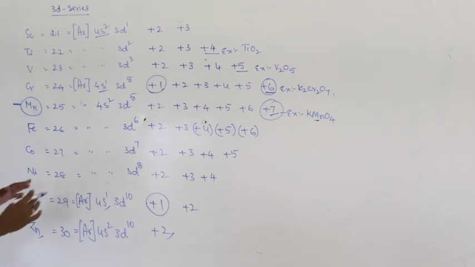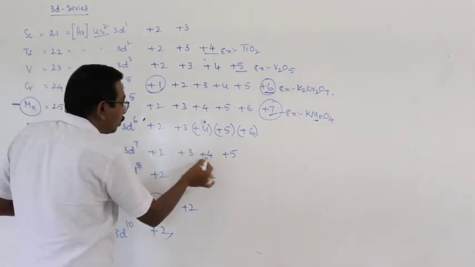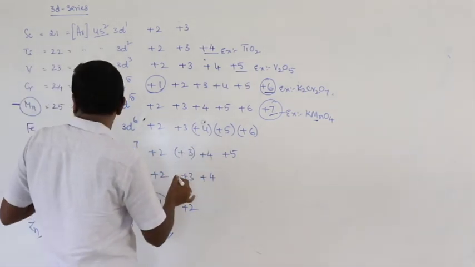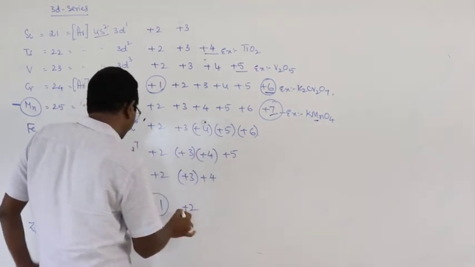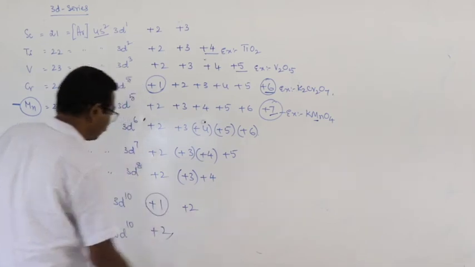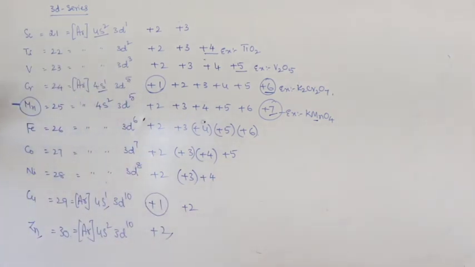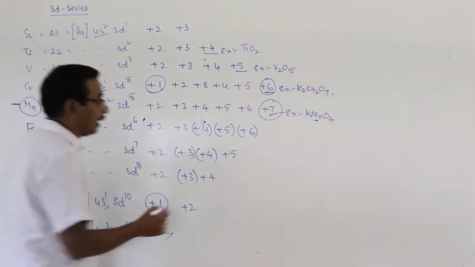And the oxidation states shown in brackets are unstable. This is about the transition elements and their oxidation states, right?